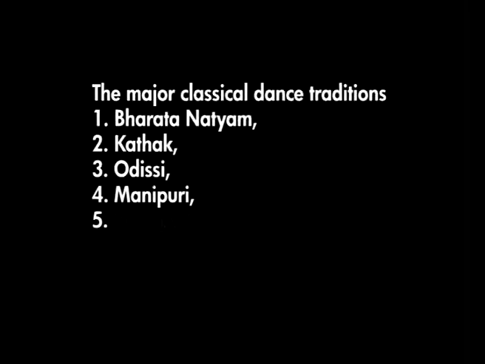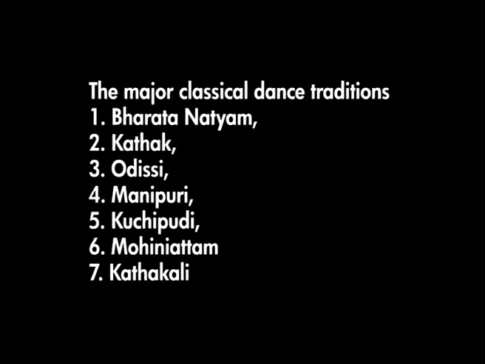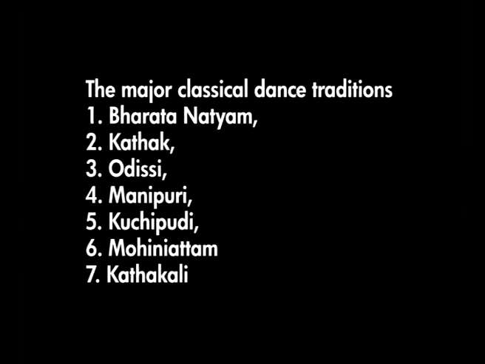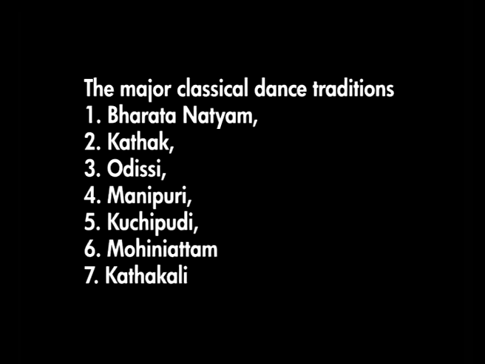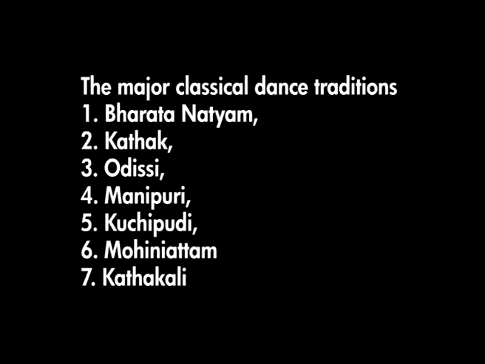Indian dance has a tradition of more than 2,000 years. The major classical dance traditions are Bharatanatyam, Kathak, Odissi, Manipuri, Kuchipudi, Mohiniyattam, and Kathakali. They draw on themes from mythology and literature and have rigid presentation rules.